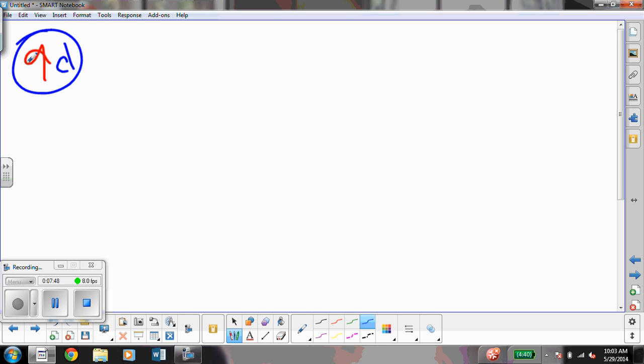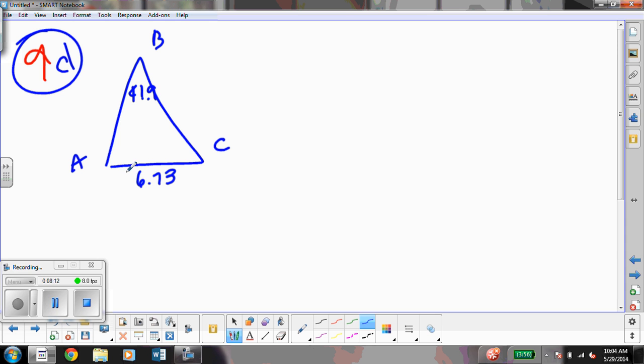For 9d, I know that angle B is 41.9. I know that side b is 6.73. And I know that side c is 5.69.